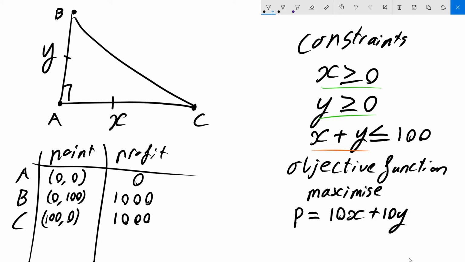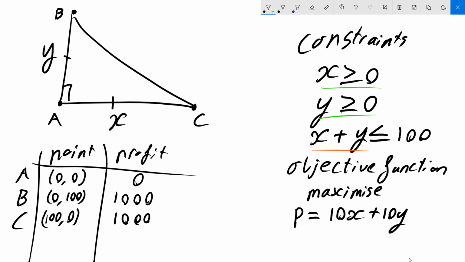So if we were to maximize our profit, we would just have to make sure that we sell as much as possible. So we would write, therefore, our maximum profit is $1,000. Everything on the line between B and C will give us the maximum profit.